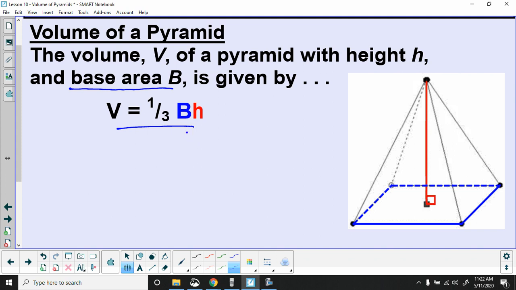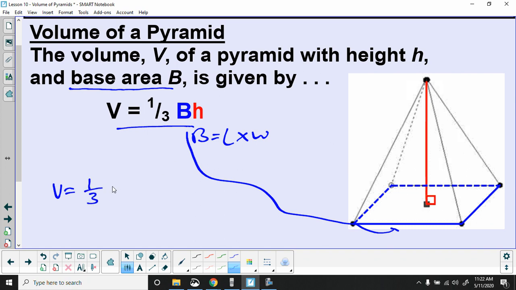For example, this base is a square or rectangle. Regardless, the area is probably length times width, so length times width will take care of the big B. For this example, if we make that substitution, this particular pyramid would have this formula.